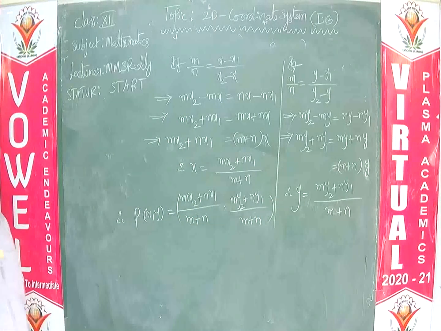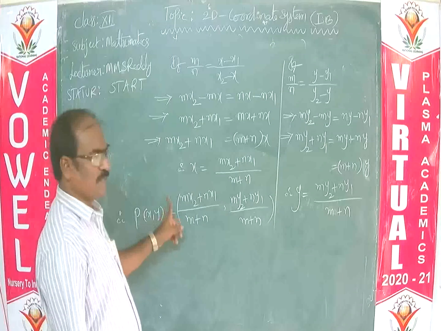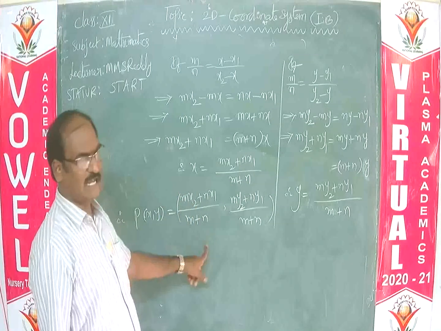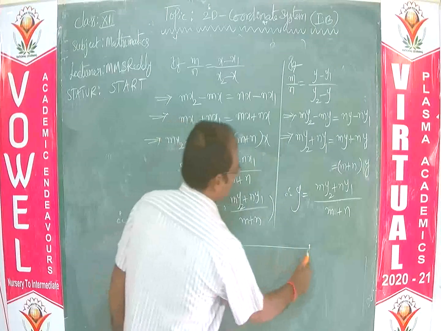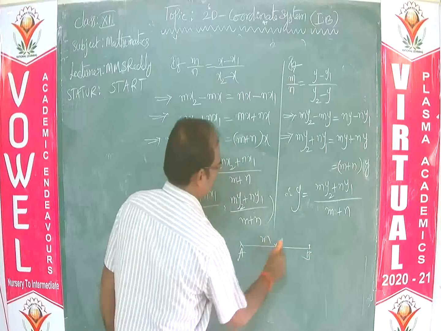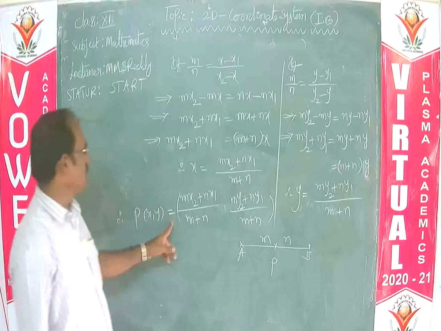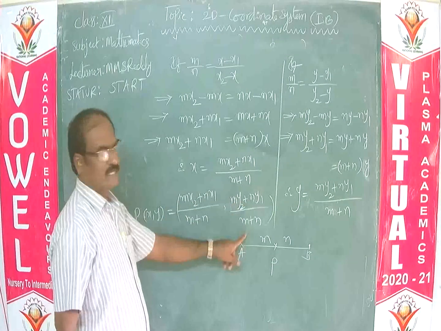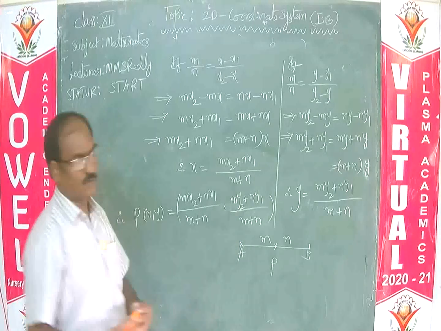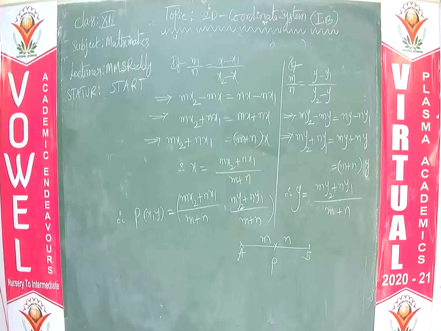Is the point clear? The coordinates of a point P which divides the line segment joining AB internally in the ratio m is to n is ((mx2 plus nx1) by (m plus n), (my2 plus ny1) by (m plus n)).